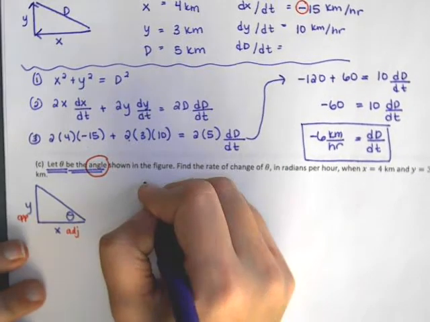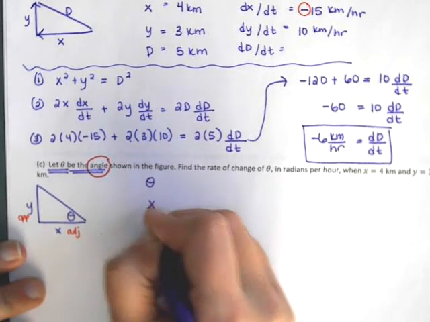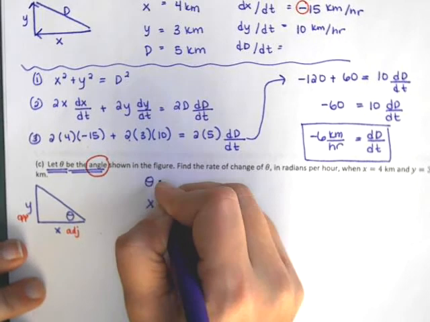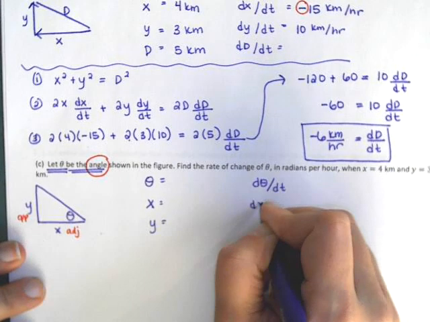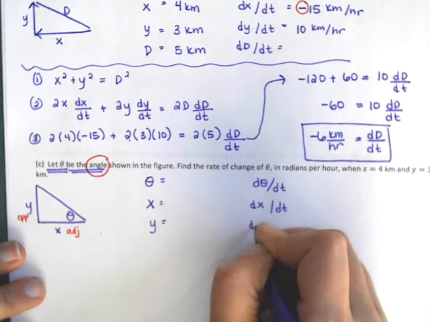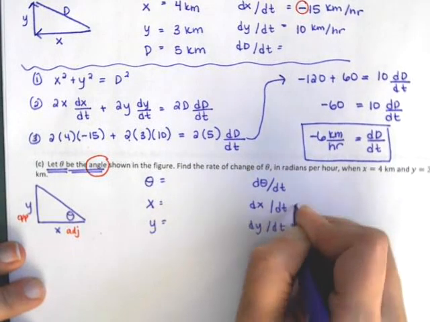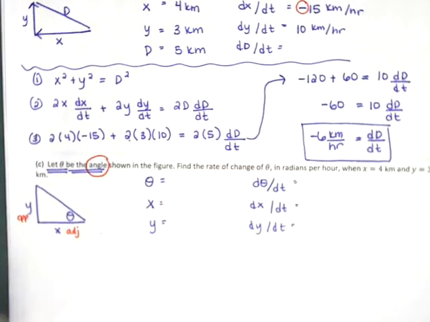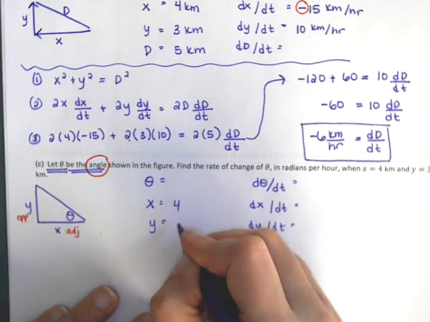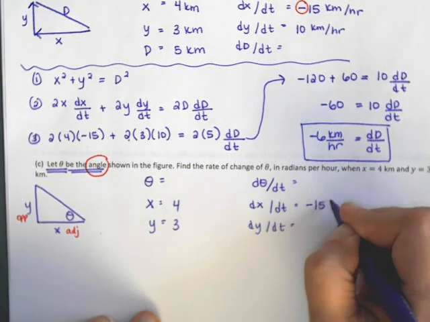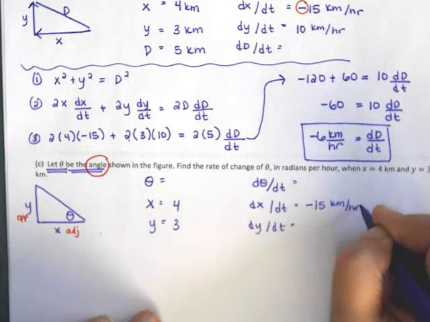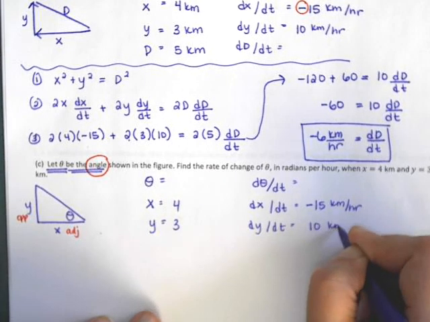Let's list our variables, theta, x, and y, and let's list their derivatives, d theta dt, dx dt, dy dt. Now I know x is 4, I know y is 3, I know that dx dt is negative 15, I know dy dt is 10.